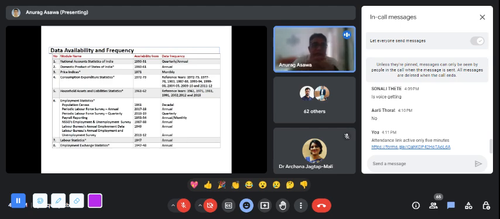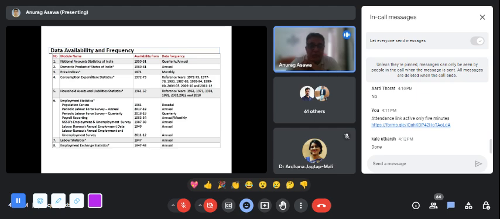Remember friends, these 3, 4, 5, 6, 7, 8 are basically NSSO data. These are the different rounds of NSSO. NSSO means National Statistics Organisation, which collects the data from different sources. I will try to share the list of.